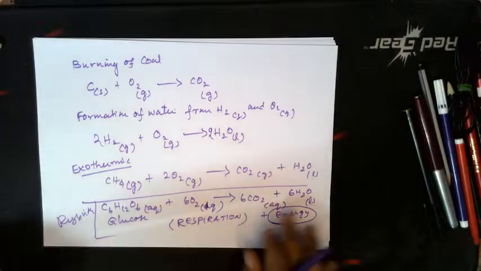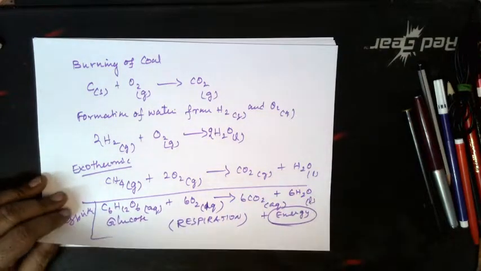So don't forget this. Then now we have decomposition of vegetable matter also, is it not? And that vegetable matter is decomposed into compost. And that is also giving out heat, as that is also an exothermic reaction.